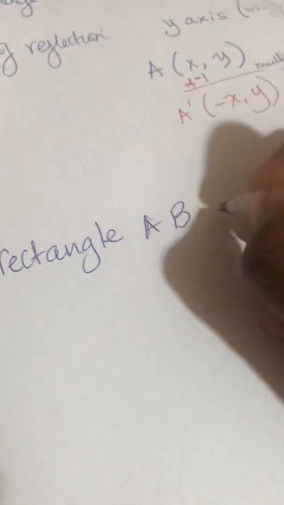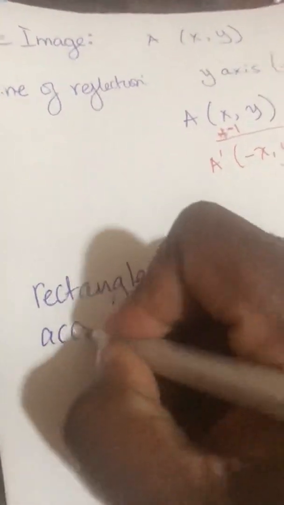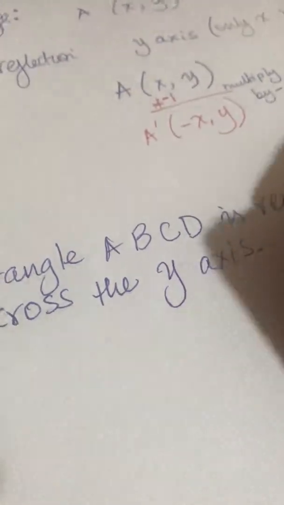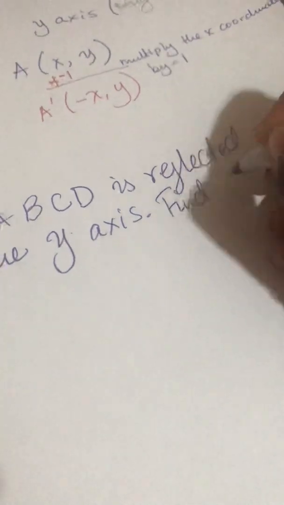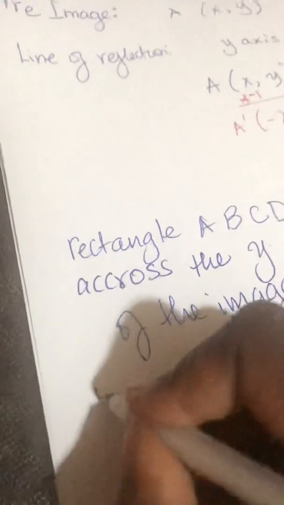The question says a rectangle ABCD is reflected across the Y-axis. Find the coordinates of the image.